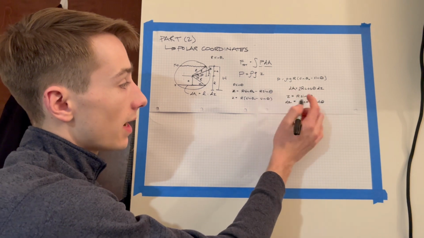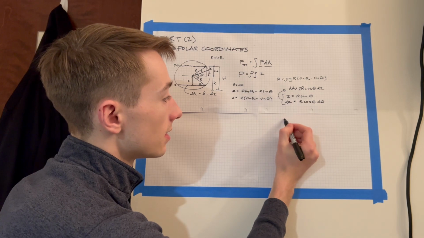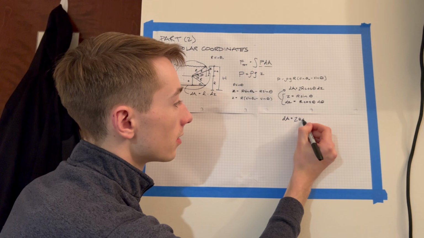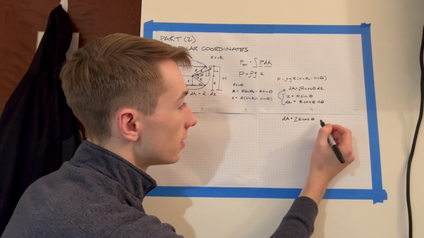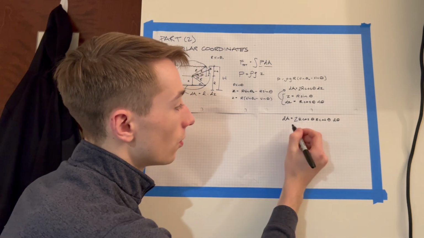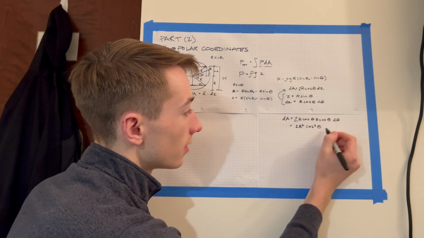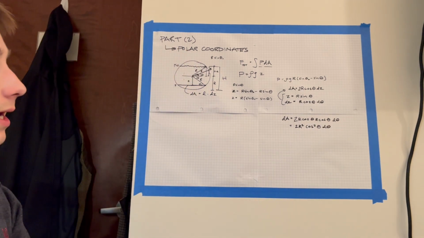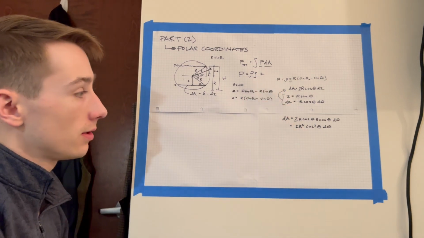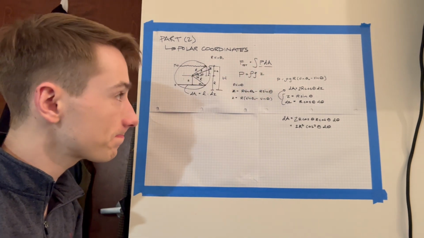Okay, so now we can plug this back into our dA expression, and we get dA equals 2r cosine theta times r cosine theta d theta, or 2r squared cosine squared theta d theta. We now have an expression for differential unit of area and pressure, so we can combine those into our integral to get an expression for the total force on this end wall.